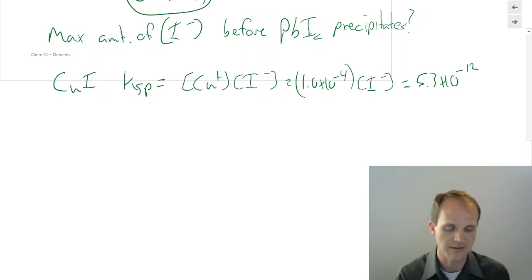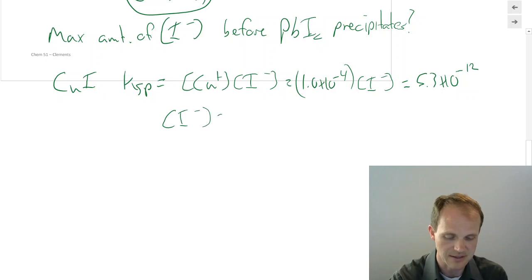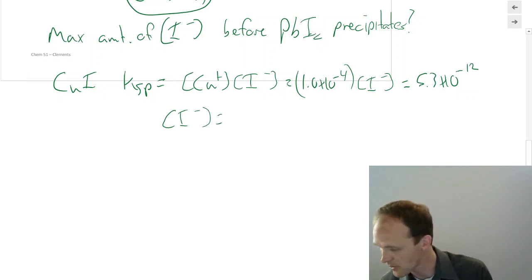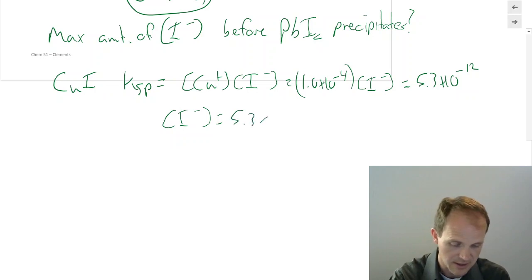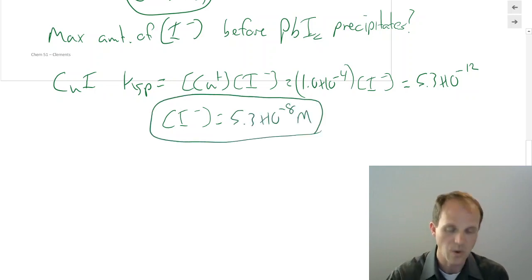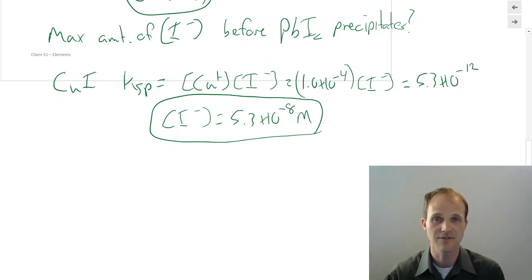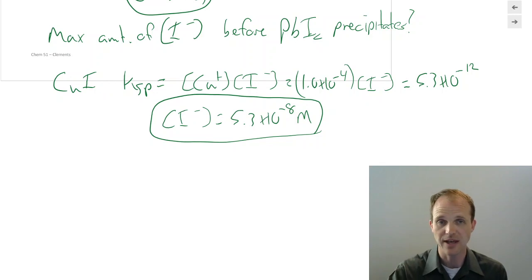Well, look at that. I've got an equation with one unknown, so I can actually just solve that for I minus by dividing both sides by 1 times 10 to the minus 4th, and I get 5.3 times 10 to the minus 8th molar. So it turns out when I get to a concentration of 5.3 times 10 to the minus 8th molar, that's the moment when copper iodide will start to precipitate.